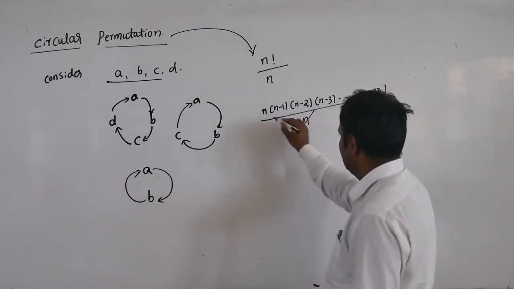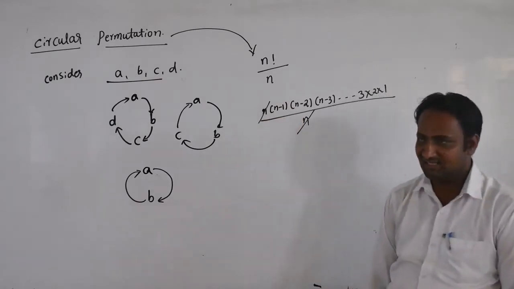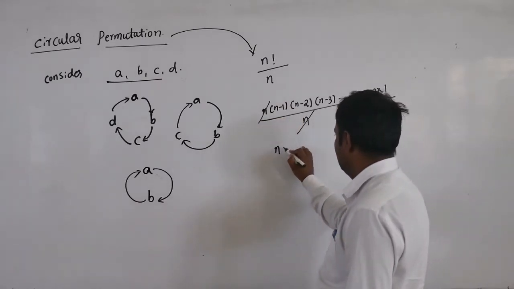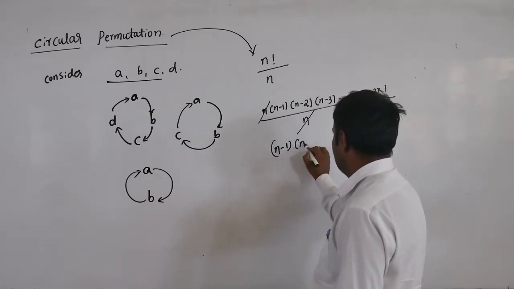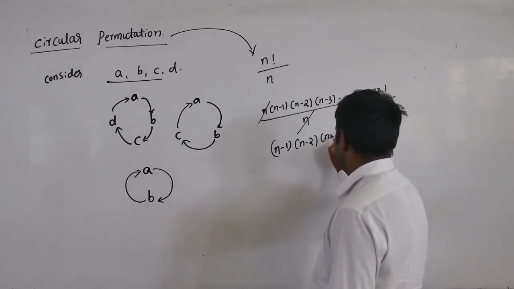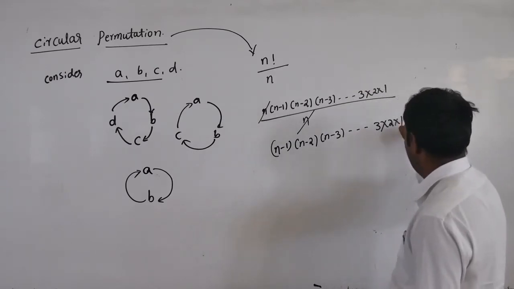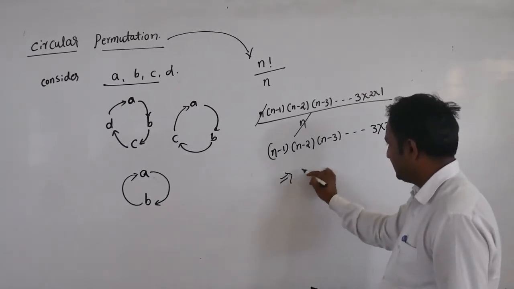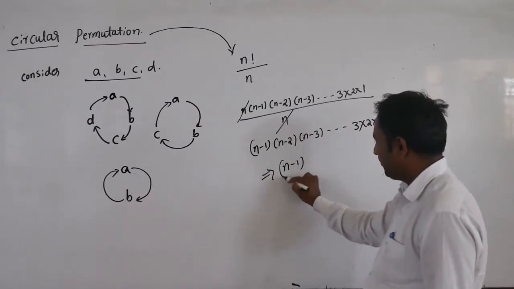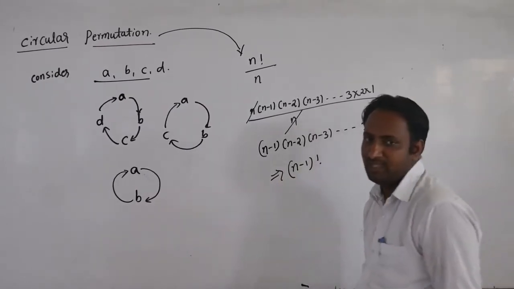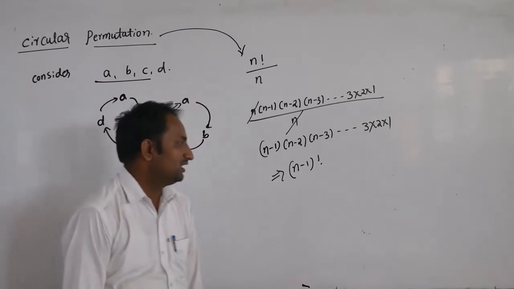The n value gets cancelled. The remaining is (n minus 1), (n minus 2), (n minus 3), and so on up to 3, 2 and 1, which is represented as (n minus 1) factorial.